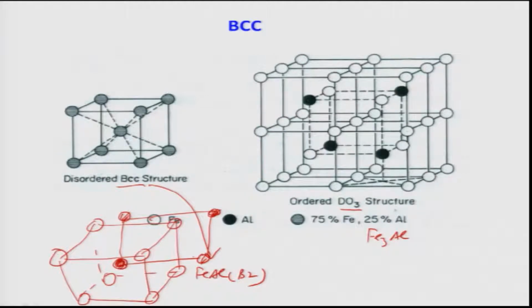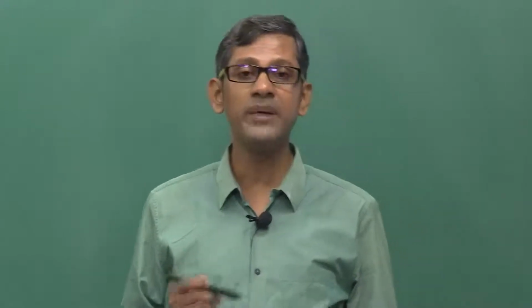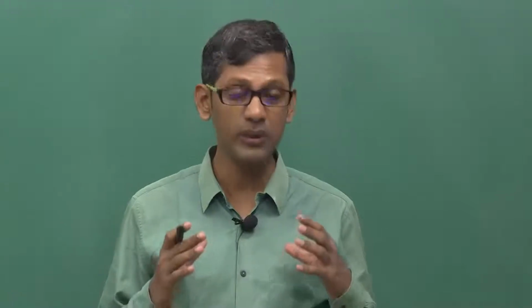So what I mean to say is that in an ordered structure we can define sublattices. One sublattice is occupied only by the iron atoms in a B2 structure, and the other sublattice is occupied only by the aluminum atoms. So the B2 structure is nothing but two interpenetrating simple cubic unit cells, one occupied by the iron atoms, the other by the aluminum atoms. You can always think of it that way.